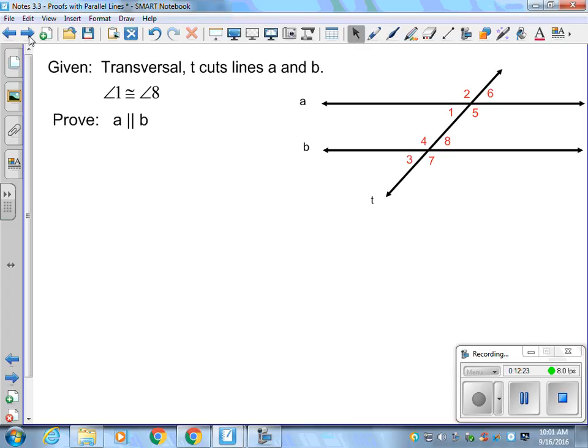So I don't have to pick a particular angle. One person can maybe pick a pair of angles different from somebody else and you still be able to prove it. It just depends on which perspective you're looking at. And I'll show you that as we go along, but we'll decide on a particular perspective.